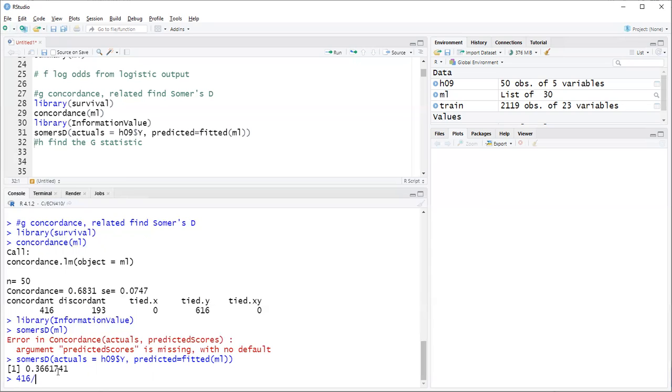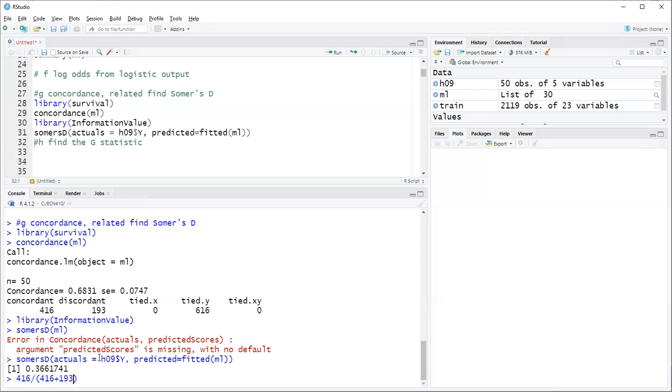Discordant, so let's divide this by that same 416, and then we had discordant pairs, 193 of them. What are those? Those are the cases where the observation with the higher predicted value was actually the 0, and the observation with the lower predicted value was actually the 1. So it turned out the opposite of what we might have been expecting.